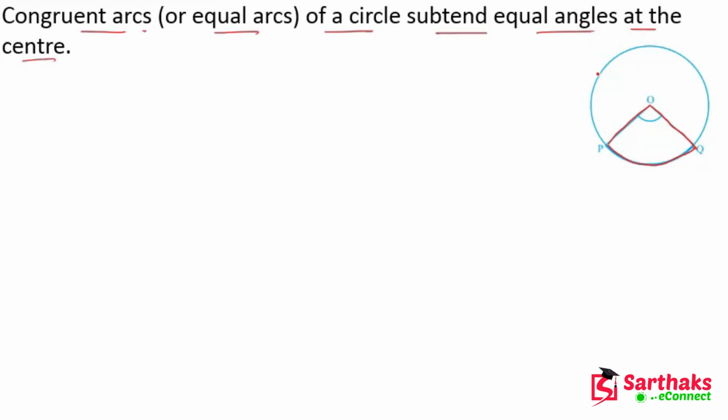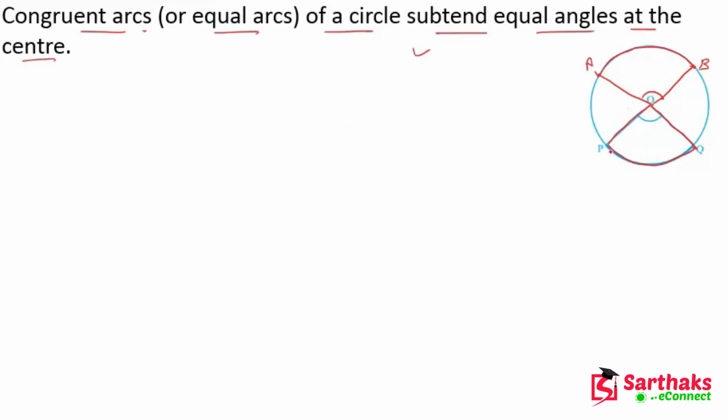Now let's suppose we have another arc which is congruent to PQ, and let's suppose these are A and B. Then this angle is equal to that angle according to this statement.